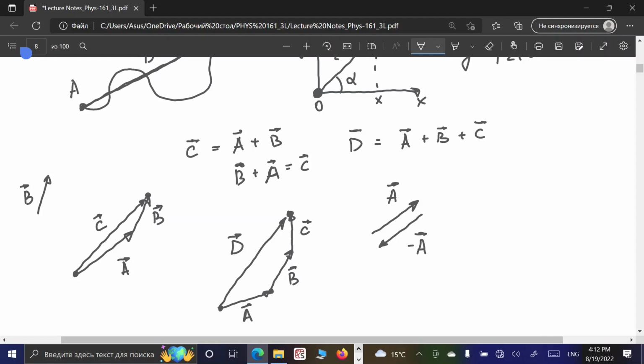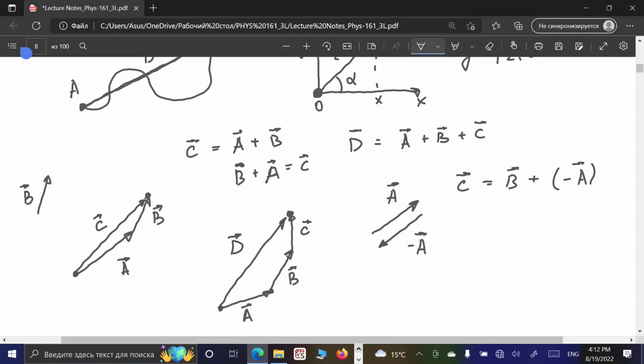In this case, if we want to have a difference between, for instance, vector b and vector a, so there will be some vector c, then it will actually be a sum of vector b and negative vector a. So it will be b vector plus minus a vector. That's how we can deal with the subtraction of one vector from another vector.